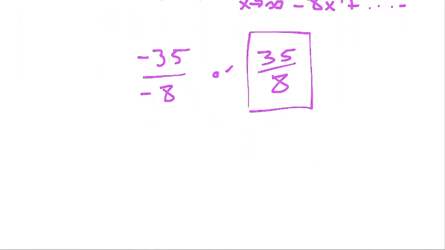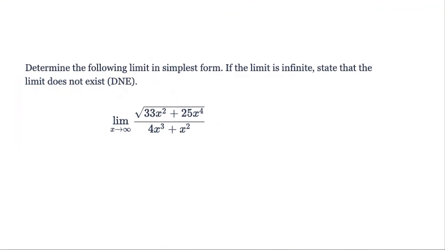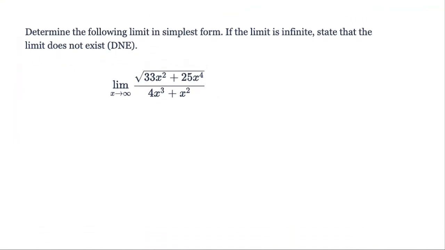Okay. So let's look at the next thing. Let's look at this one. So let's think about what's happening on this. On this one, the limit is x goes towards infinity.